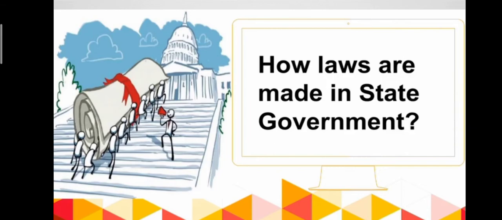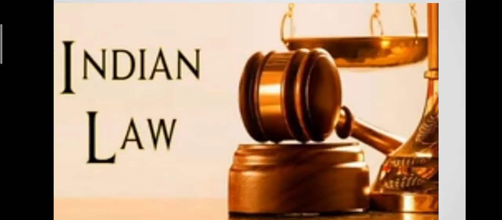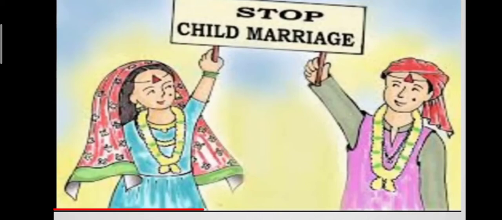Now, let us move to the next topic, which is how laws are made in state government. Basically, our laws are based upon Indian laws, and we will see in this video how an act is made into law. First, I will give you one example of such a law.